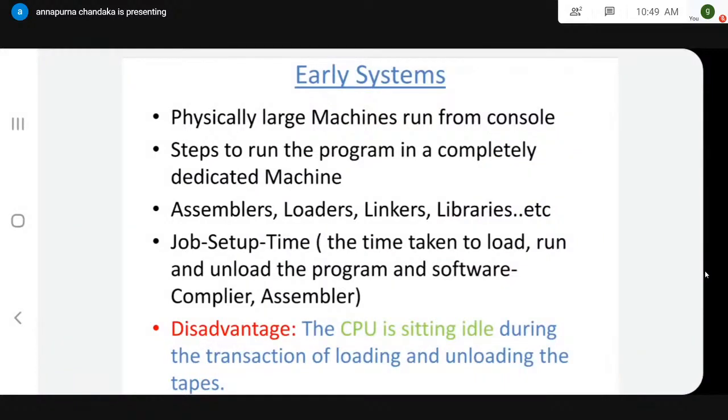Large really means that the CPU itself was room size. If you wanted to run a program, you needed to be at a distance of at least 300 to 400 meters, and connect a terminal over there. Terminal in the sense that there were no monitors, only console boards.